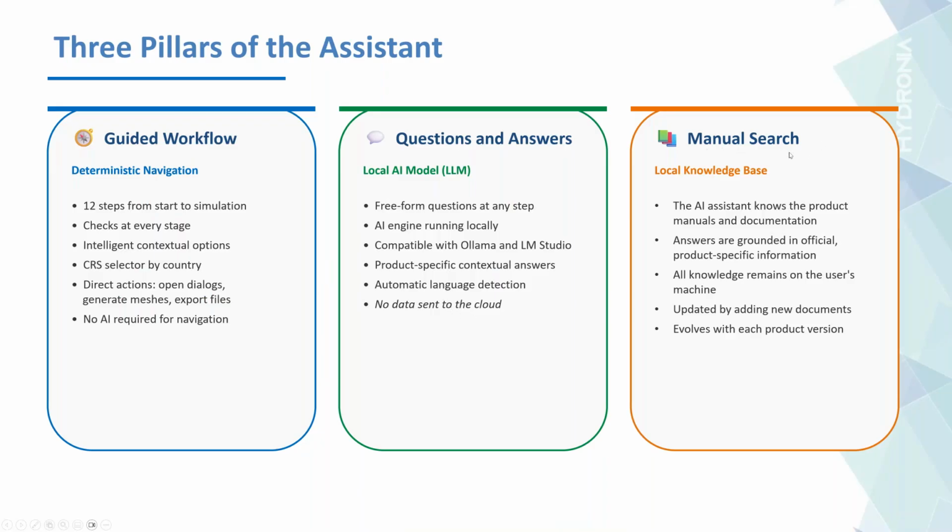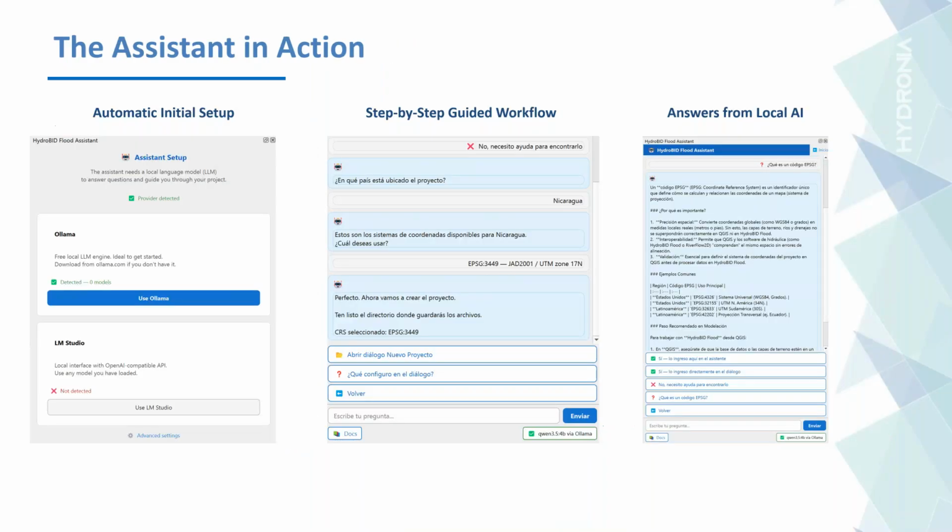Then we have the manual search, which is a local knowledge base based on AI assistance. We look with the help of the agent into the local manuals also in your computer. So these are some details of the application, the tests we have run so far.